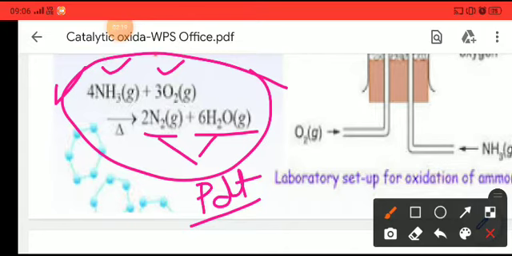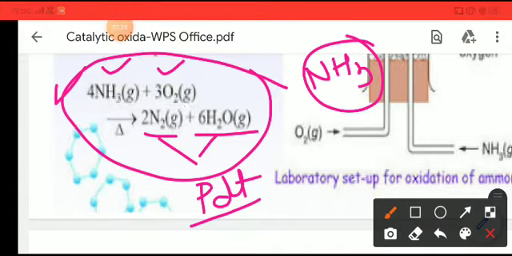So remember, NH3 doesn't react with air, but in presence of oxygen it burns and gives nitrogen gas and water vapor. And the flame of the reaction will be a yellow flame.